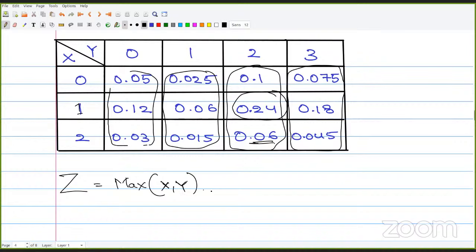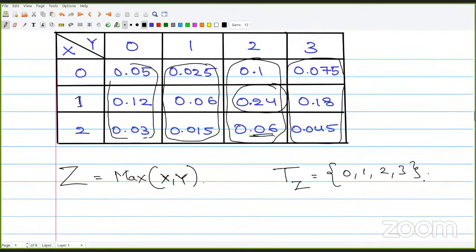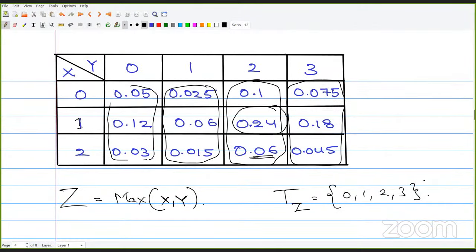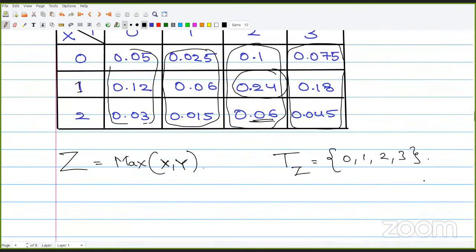Now what is the range of z? 0, 1, 2, 3. This random variable z can take 0, 1, 2 or 3. Now we have to find fz of 0, fz of 1, fz of 2 and fz of 3. So this is the PMF of a new random variable z, which is max of x comma y.